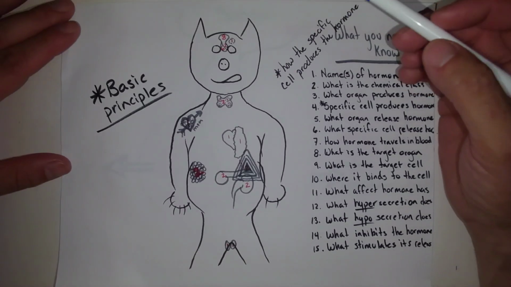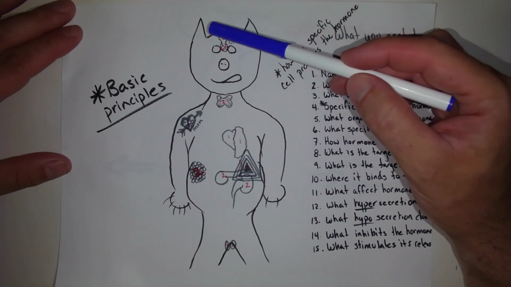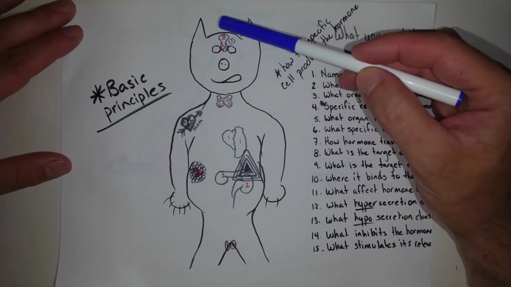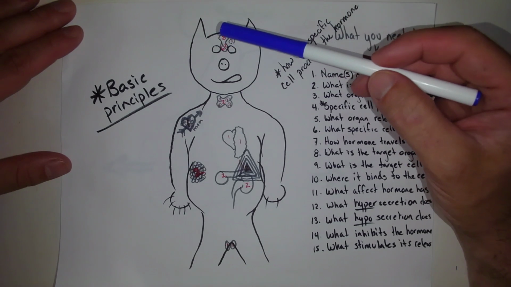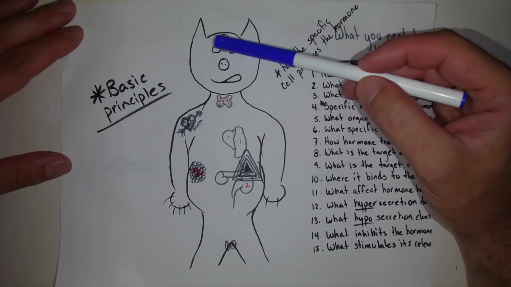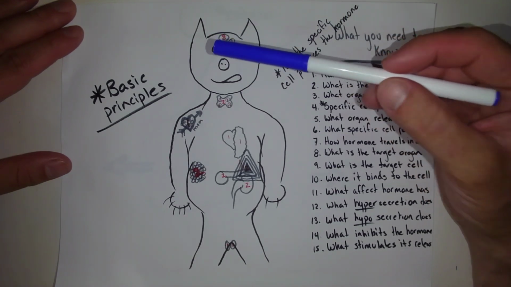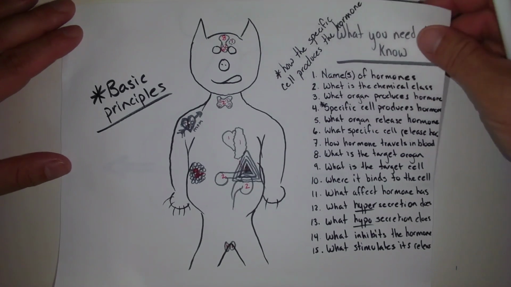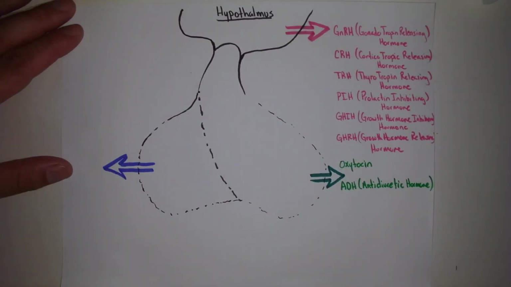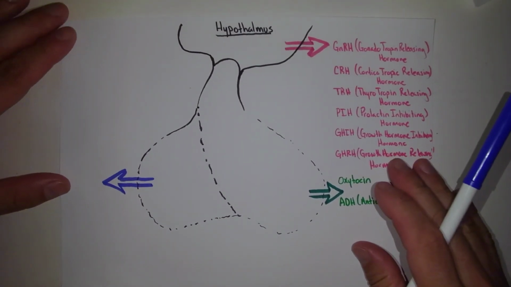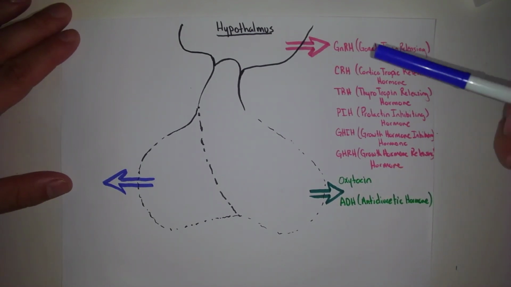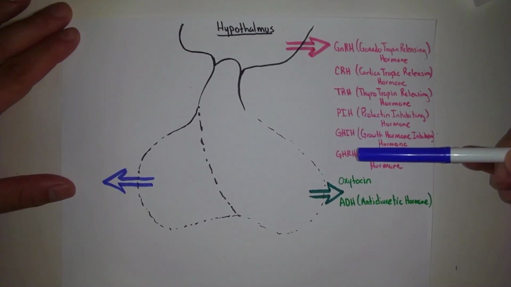We had a look at the hypothalamic hormones, but now I want to take a look at the pituitary hormones. So let's go back to our hypothalamus drawing and the hormones that we named from the hypothalamus.